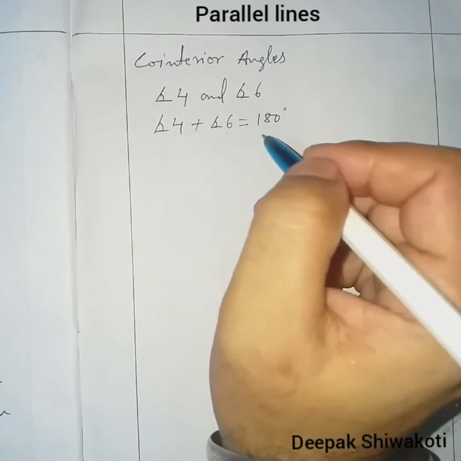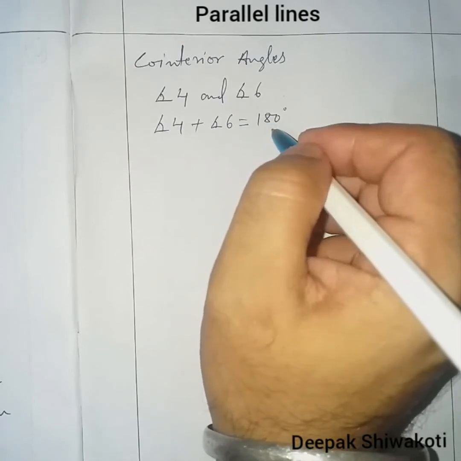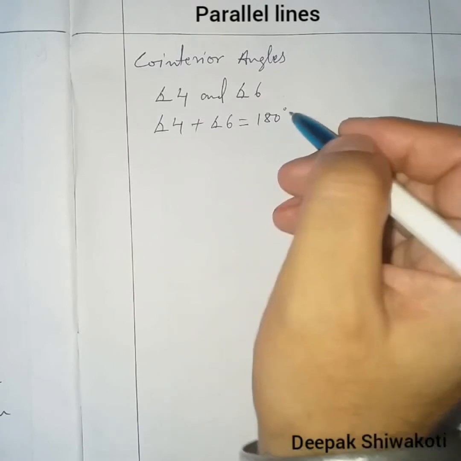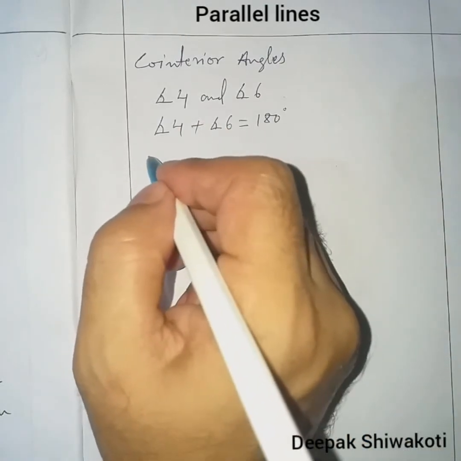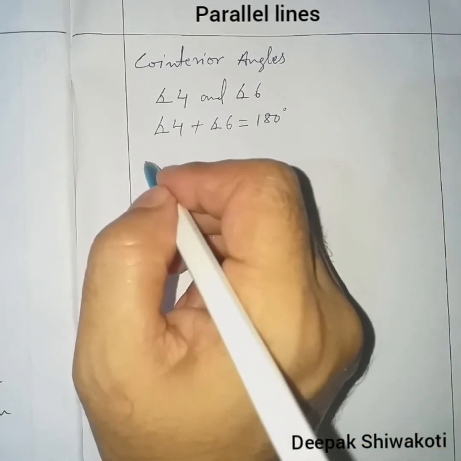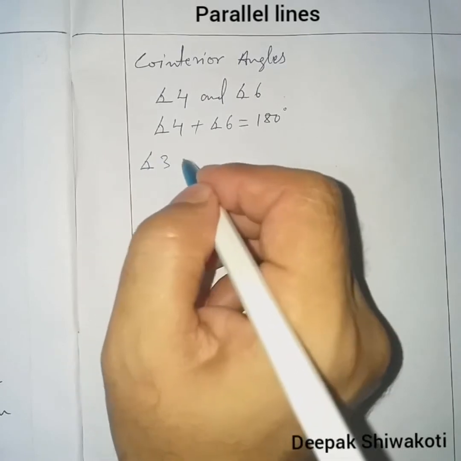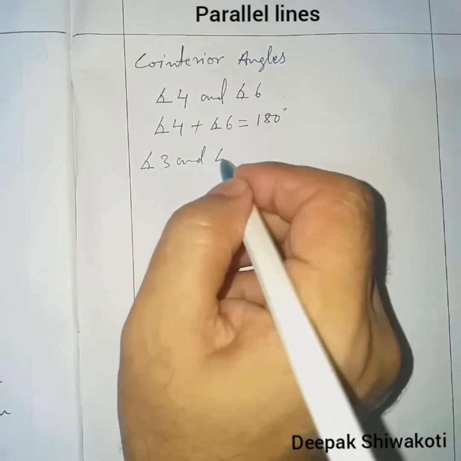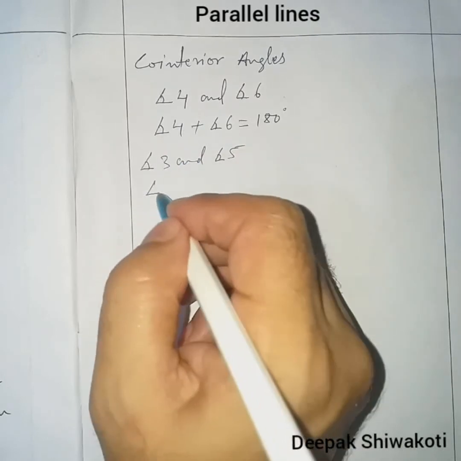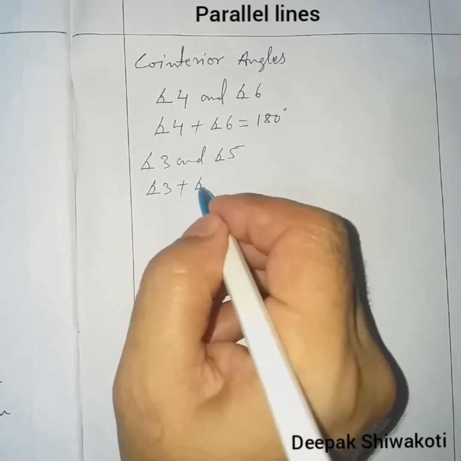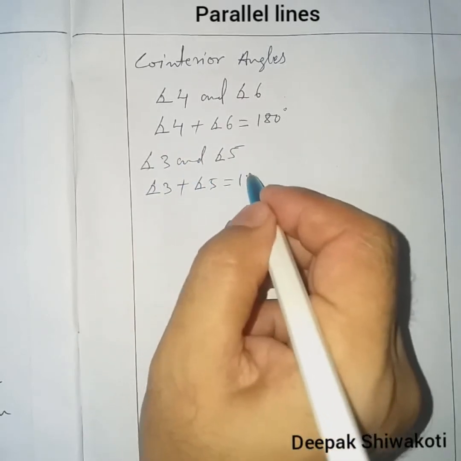If the lines are not parallel, then it will not give 180 degrees. Remember this. Another pair of co-interior angles in our figure is angle 3 and angle 5. Angle 3 plus angle 5 will also give us 180 degrees.